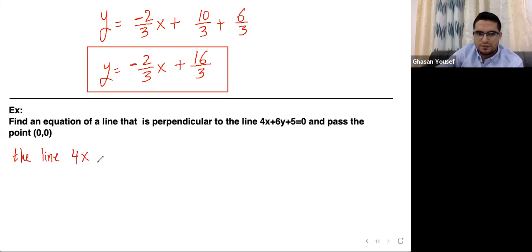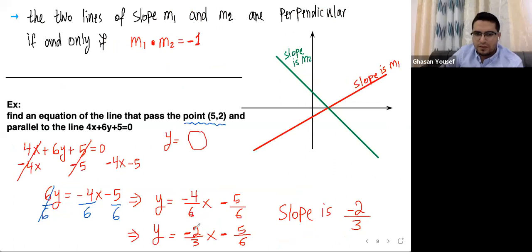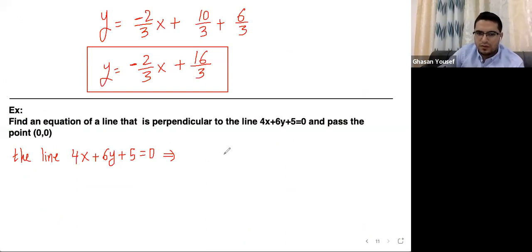If we want to rewrite this one in the standard form, like before, y equals minus 2 over 3 x minus 5 over 6. Yes, this is the standard form of this equation.